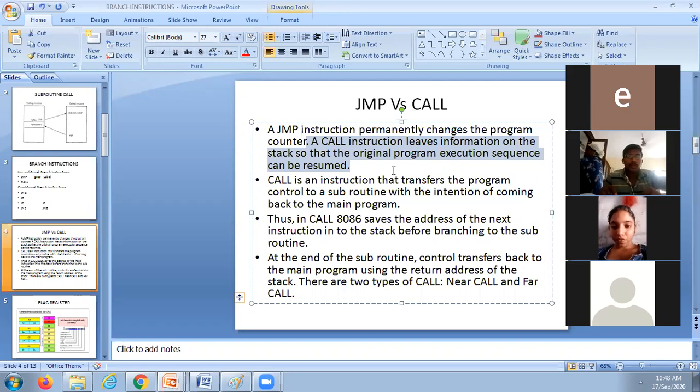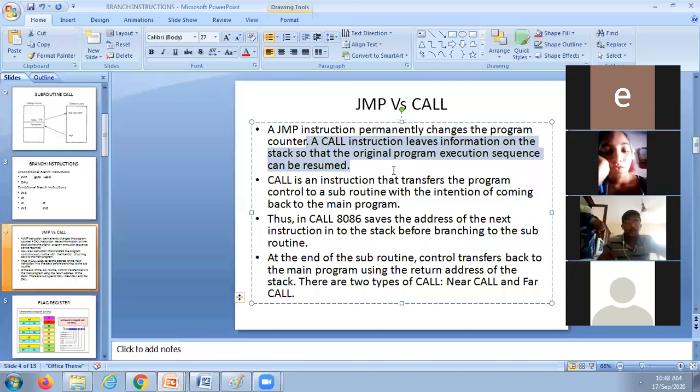You store it for resuming the previous program, so from where you stopped you can start again from there onwards. For that purpose, you have pushed onto the stack. When the control is transferred and then returned again by using the return statement, that status is to be retrieved by using a pop operation. That is the call statement.